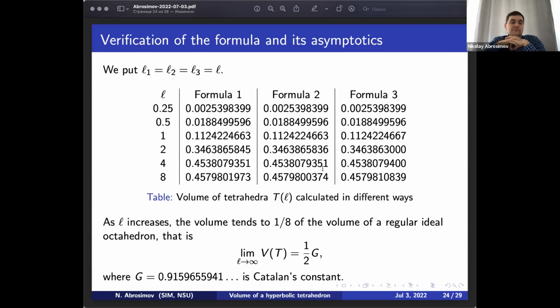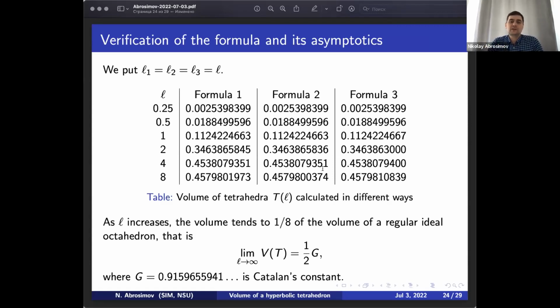So as L tends to infinity, the volume V of T tends to 1/2 of the so-called Catalan's constant.